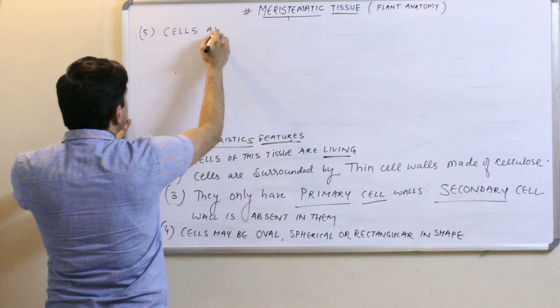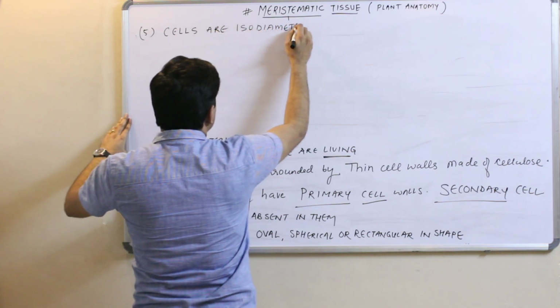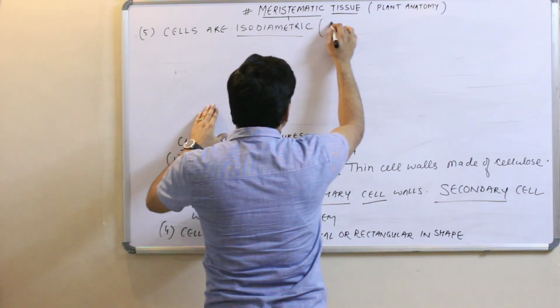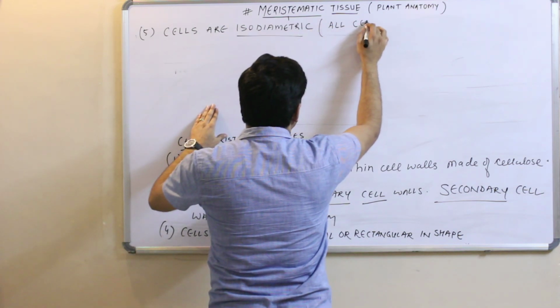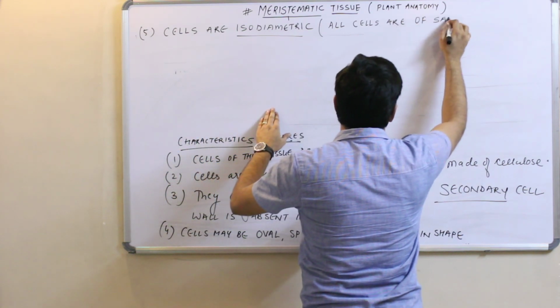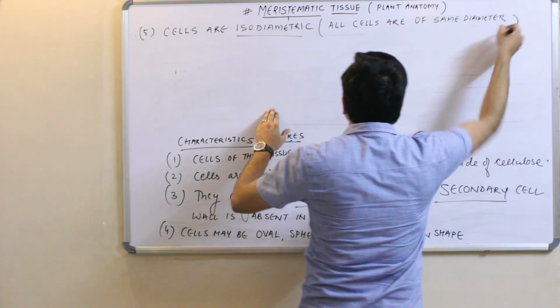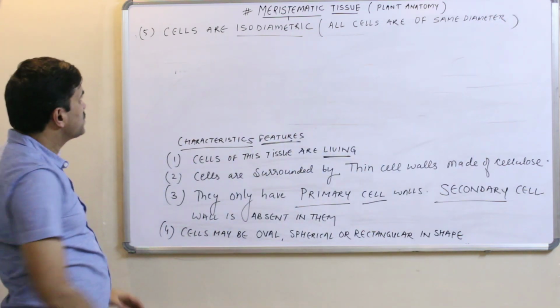Cells are isodiametric means all cells are of same diameter, means they are equal in size.